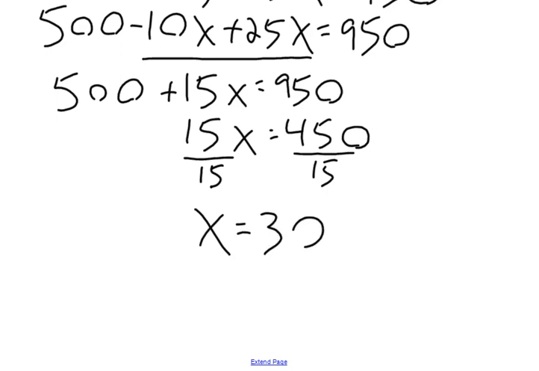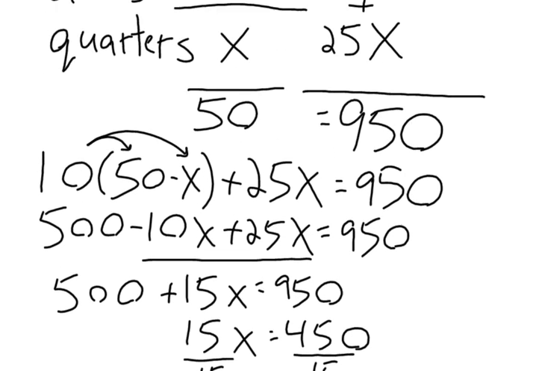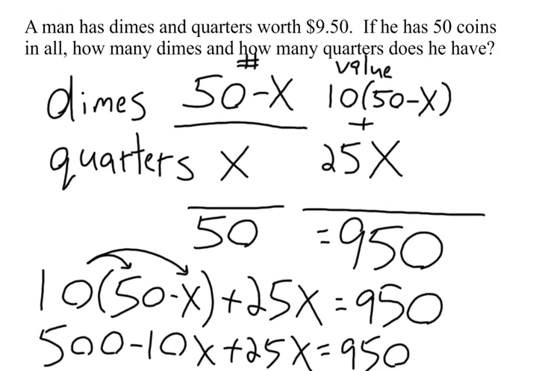This is a solution to the equation, but is not the answer to the question. When I say that x equals 30, I have to go back up to my table and see what x is actually telling me. Well, that is the number of quarters. So that is half my answer.